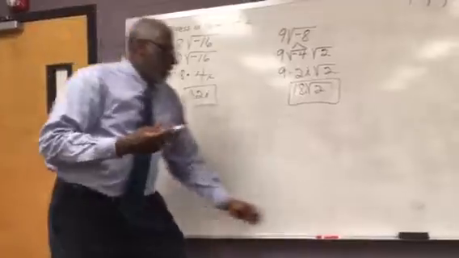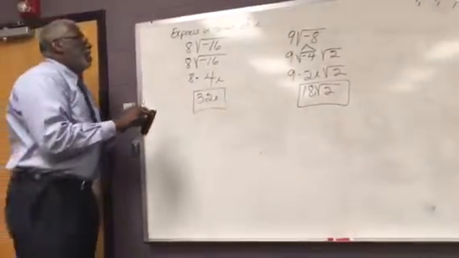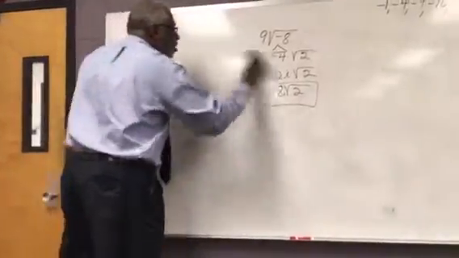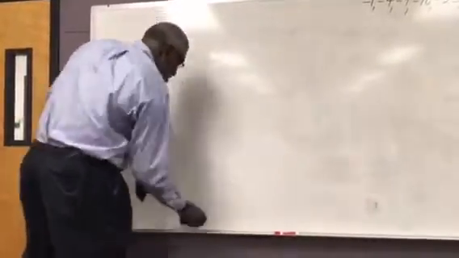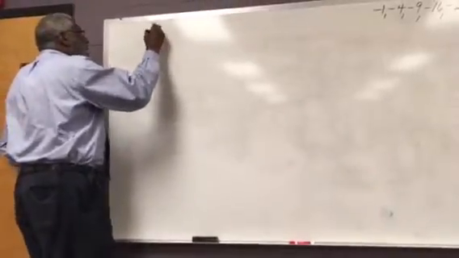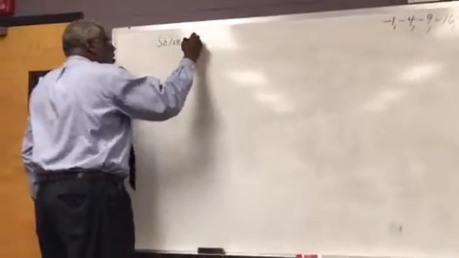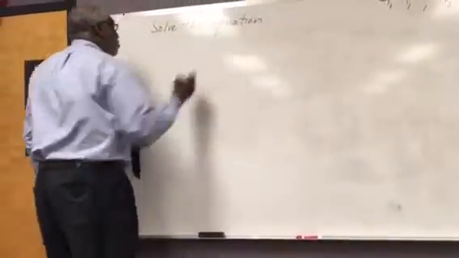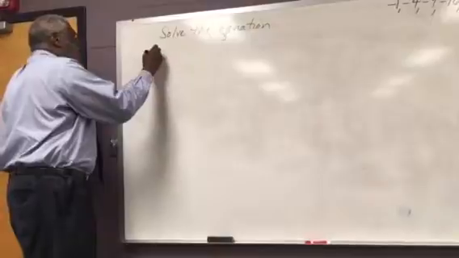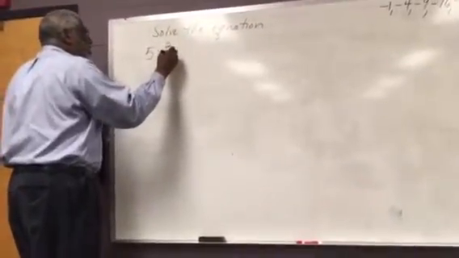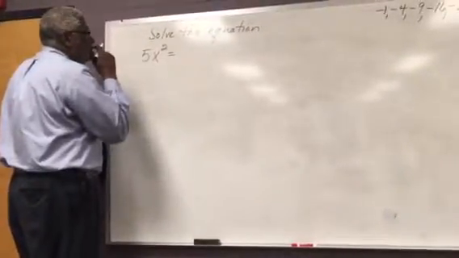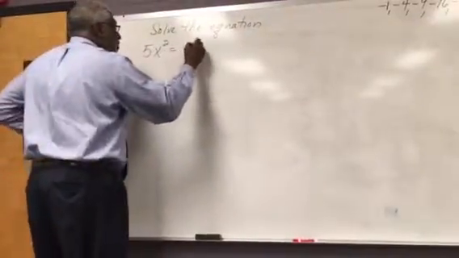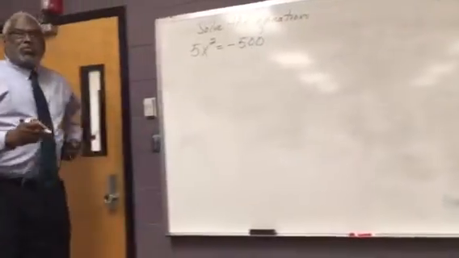Now, the next thing we want to do in this set of problems is solve an equation. We're given something like 5x squared equals -500.